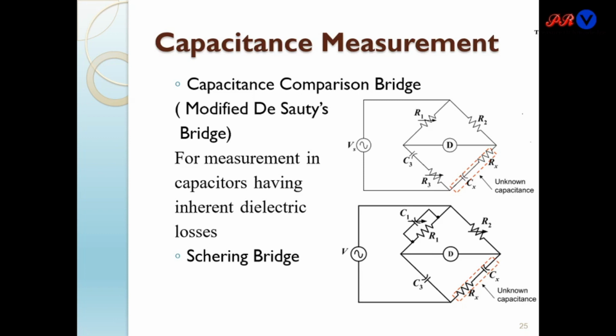Then we have the third bridge, the Schering bridge, which is used for the precise measurement of capacitance. And there is a difference in the structure. Here Rx and Cx are in series, which are the unknown capacitance, and this R3 C3 is also in series, but here R1 and C1 are in parallel.